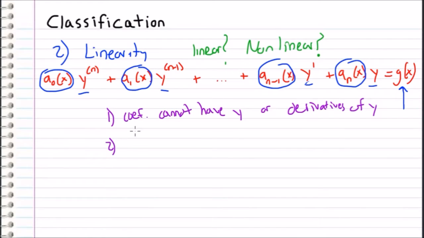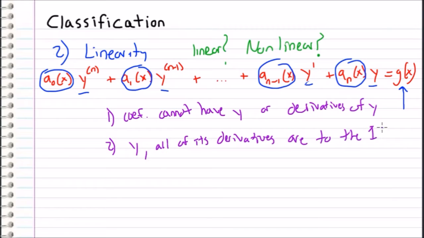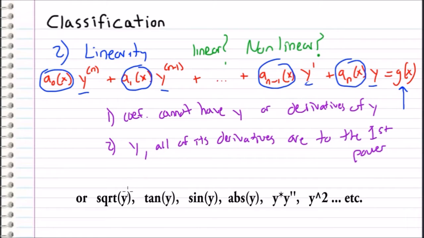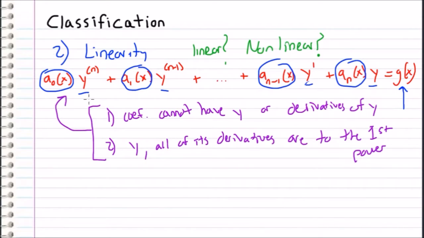The second rule is that our function y and all of its derivatives are to the first power, meaning that there are no y squareds, no y double prime squareds, and no y triple prime times y prime, and stuff like that. These two rules describe a linear differential equation, which is this form that I have written up here. And if it does not fit this form, then we call it nonlinear.